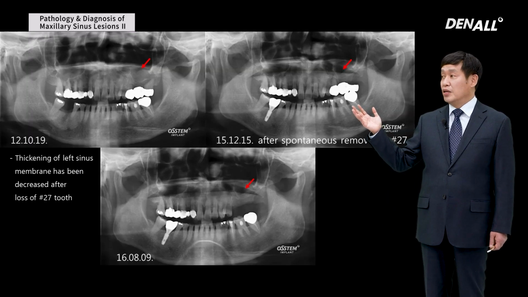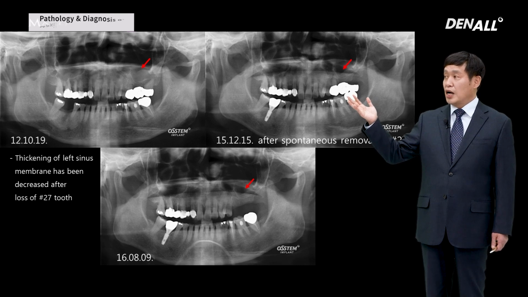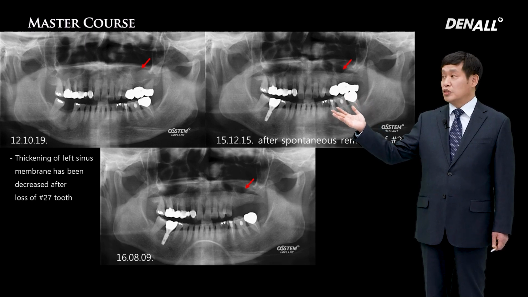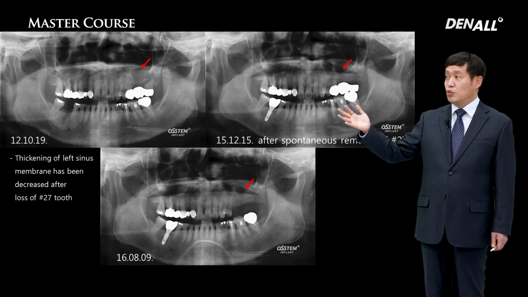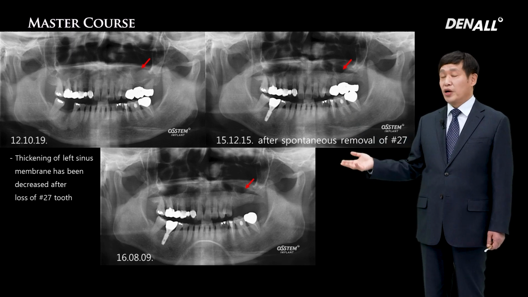Let's look at panoramic image. In the upper left posterior area, there was bridge. In number 7, on the apex side, there's lesion. On the X-ray, there's significant mucosal thickening almost in the form of dome shape.